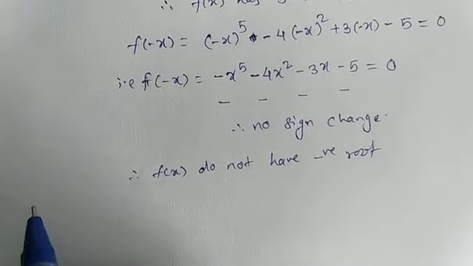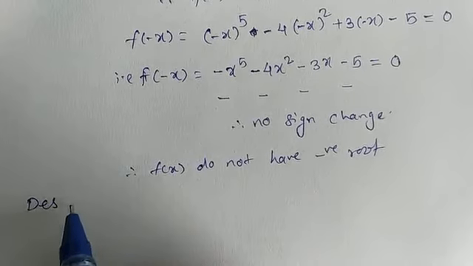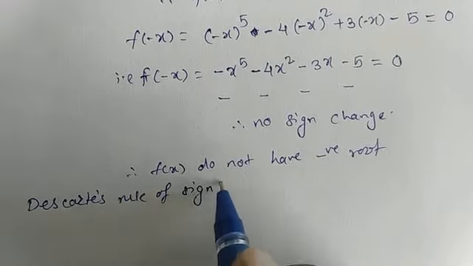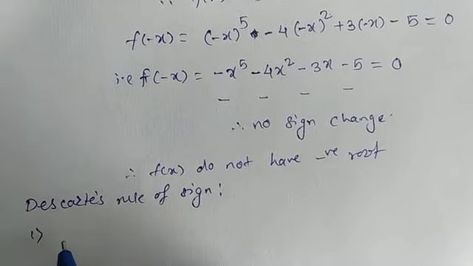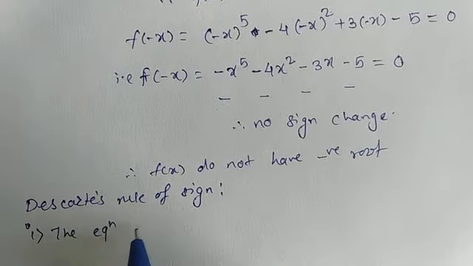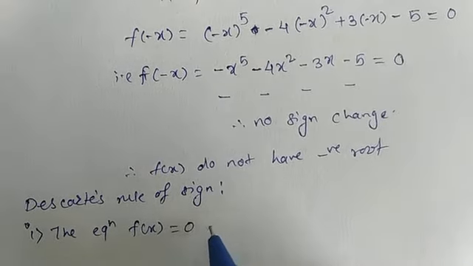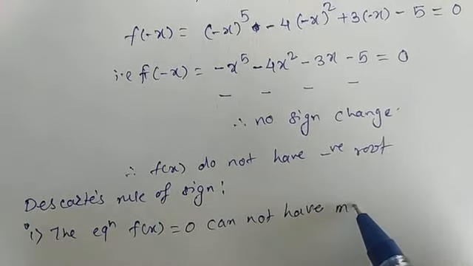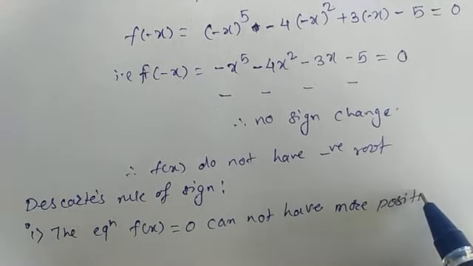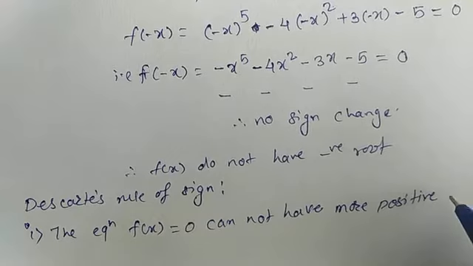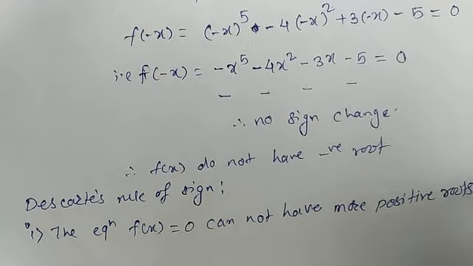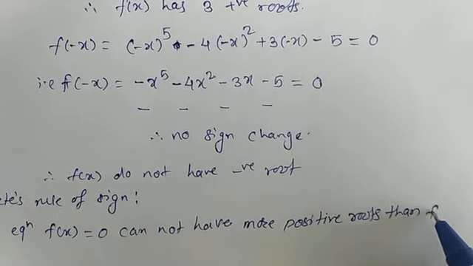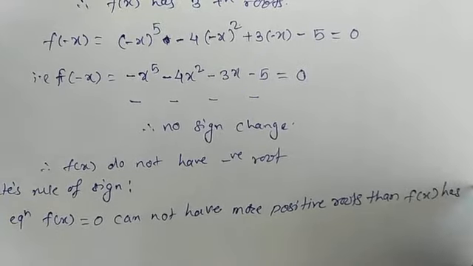So Descartes' rule of sign is that the equation f of x is equal to 0 cannot have more positive roots than the number of changes of sign in f of x.